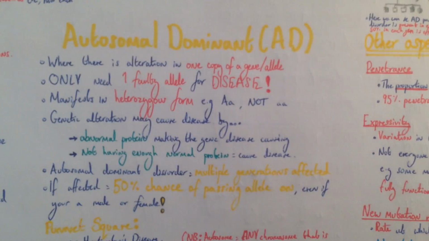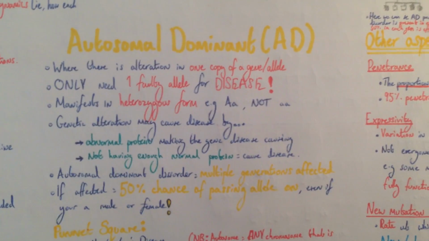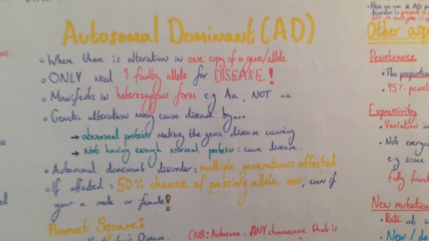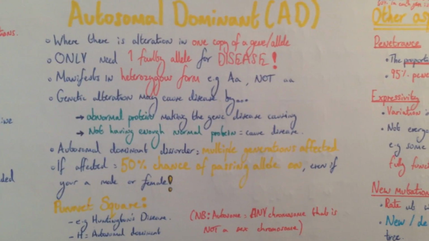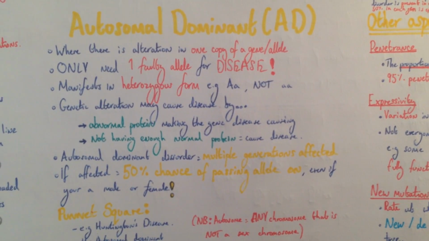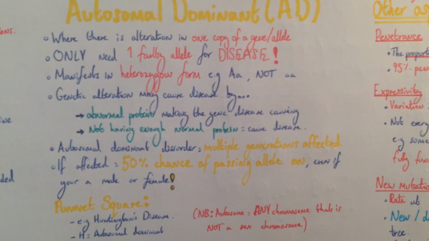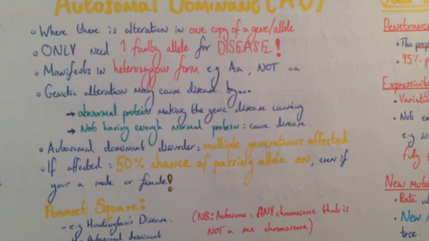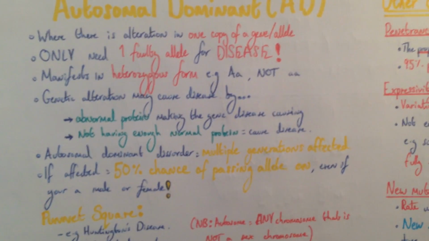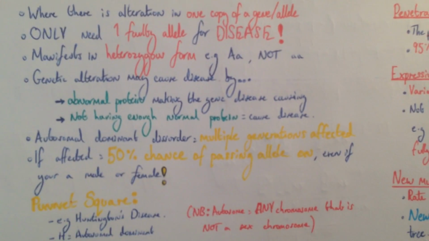So we start off with the first type of genetic disease, which is autosomal dominant, AD for short. There's an alteration in one copy of the gene or allele, and we only need one faulty allele for the disease. It manifests in heterozygous form, e.g. capital A and small a, not two small a's.